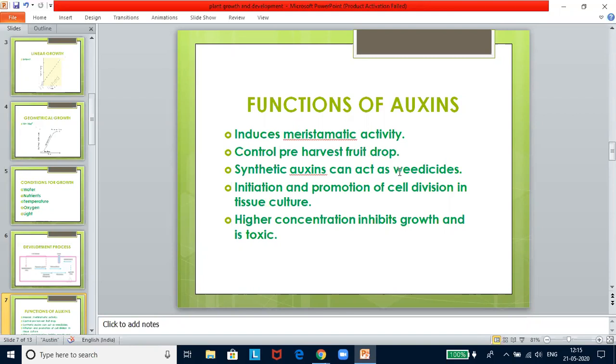Higher concentrations of auxins inhibit growth and exert toxic effects on the plants. Just because it is there, we can't be supplying auxins externally to ensure that the plant starts growing big. It doesn't happen. In normal course in nature, self-produced auxin inhibits the growth and development of lateral buds, and as a result, the apical bud remains dominant, and this is what we call apical dominance.